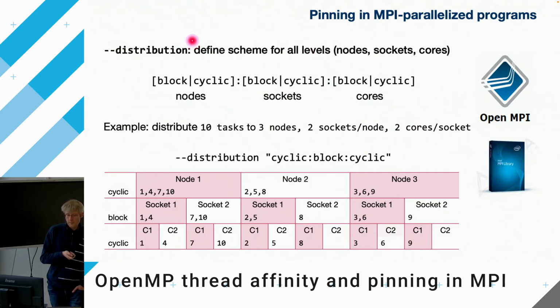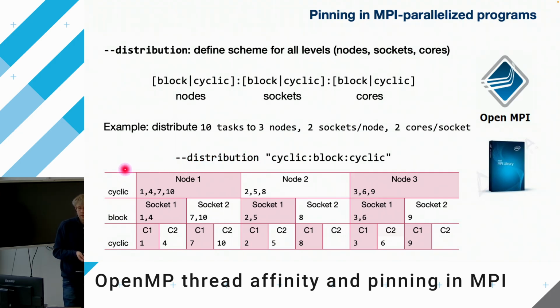And then for very detailed configuration, there's a distribution argument where you can define, on these levels of configuration for the nodes, the sockets, and the cores, how the MPI processes are distributed.